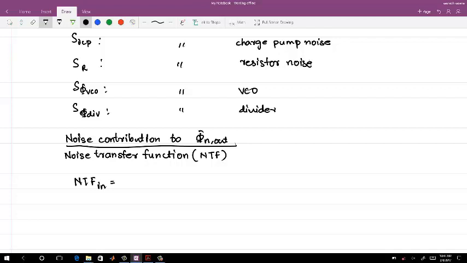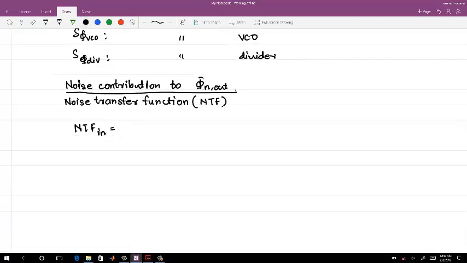What is this one? This will be quick. So I just need to know it in terms of loop gain, right? What should it be? Yeah, N times loop gain by 1 plus loop gain. Okay. Now what about the charge pump noise?